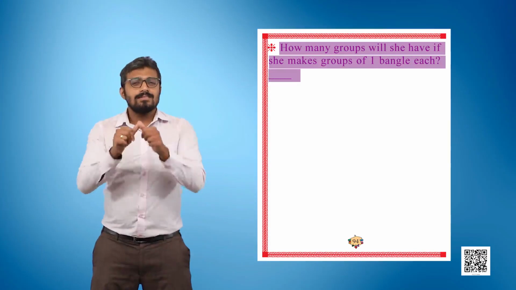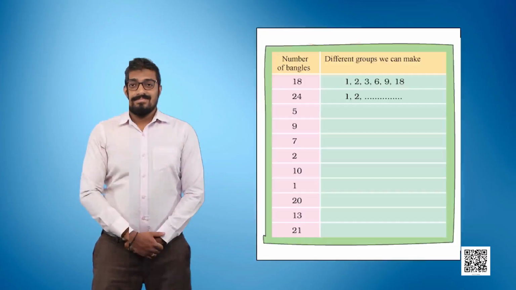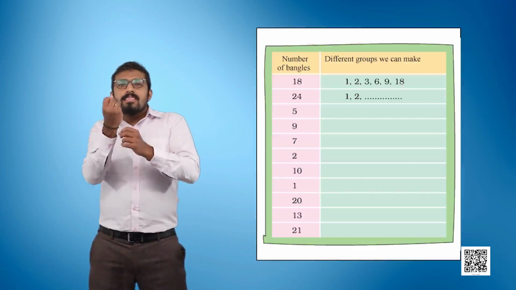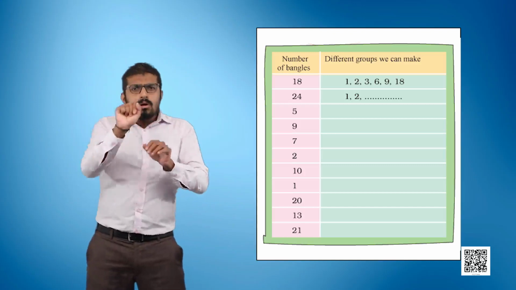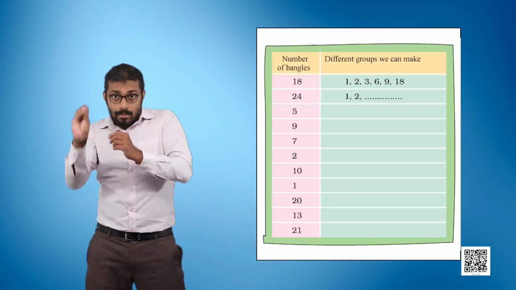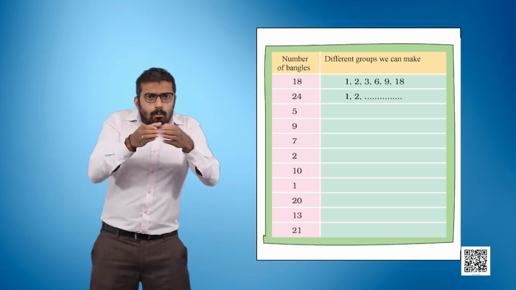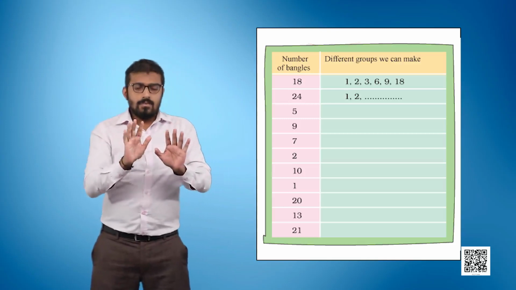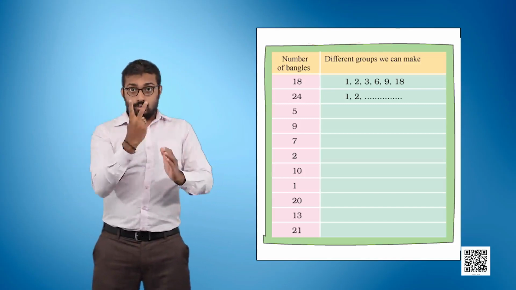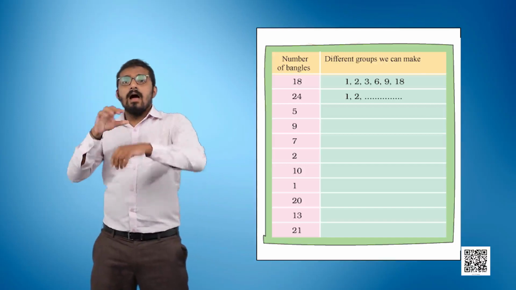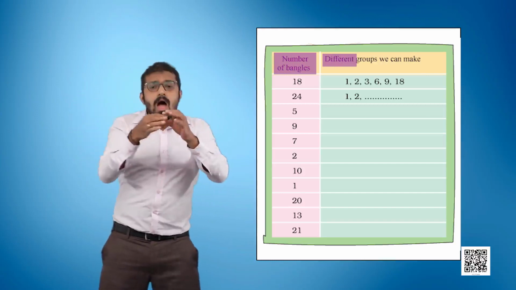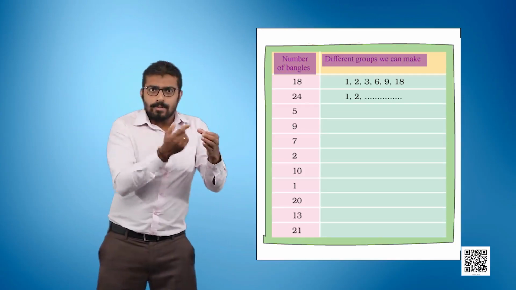Dash. Now complete the table for different numbers of bangles. For each number, see what different groups can be made. Column 1 is for number of bangles. Column 2 tells us the different groups we can make.